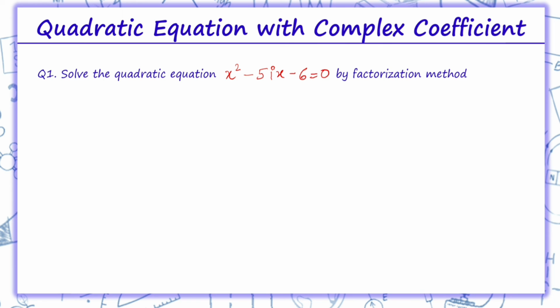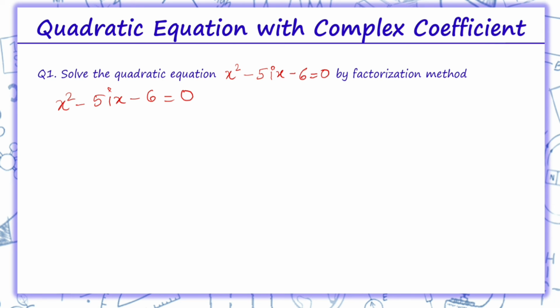So the question is, solve the quadratic equation x square minus 5ix minus 6 by the factorization method. So how will we solve it? This is x square minus 5ix minus 6 equals 0.